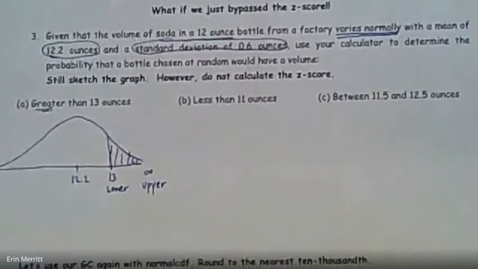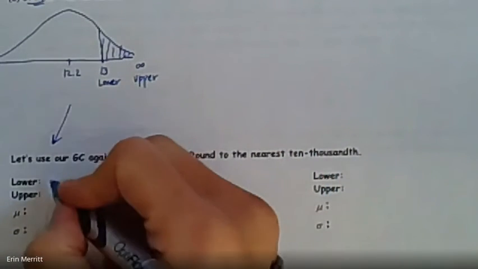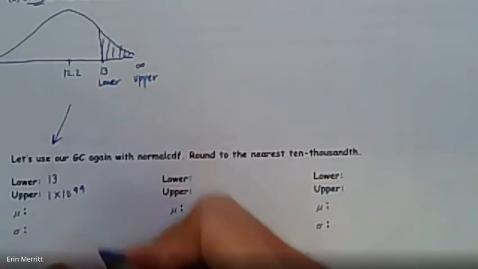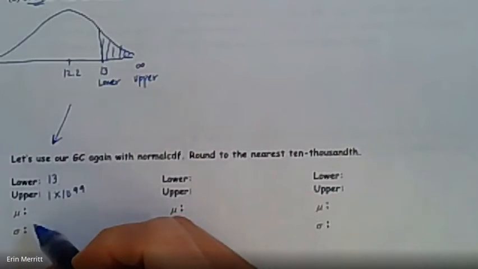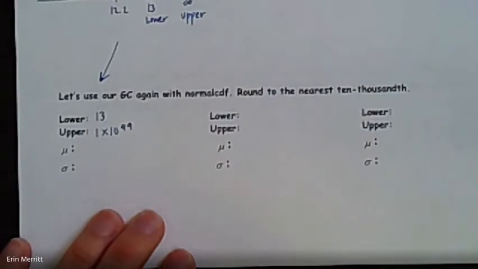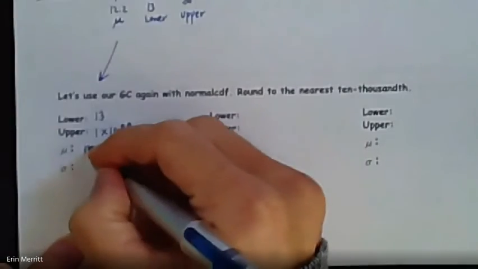All right, now for some reason there's a lot of space right here, so I'm going to slide up just a little bit. All right, and you're going to put those values right down here. So you're going to do the lower as 13, the upper as 1 times 10 to the 99th power. And now instead of the mean and standard deviation being 0 and 1, here's where you're going to have to use the real mean and the real standard deviation if you don't normalize it. So the mean is that 12.2 right there.